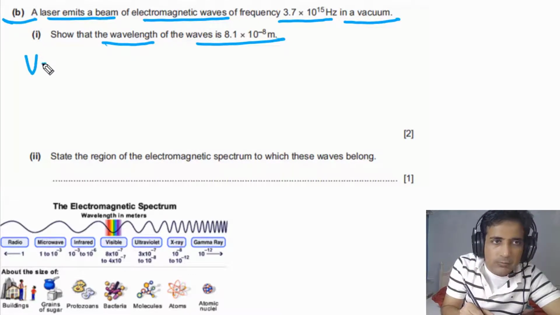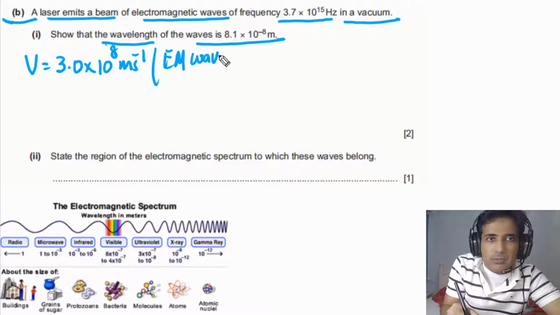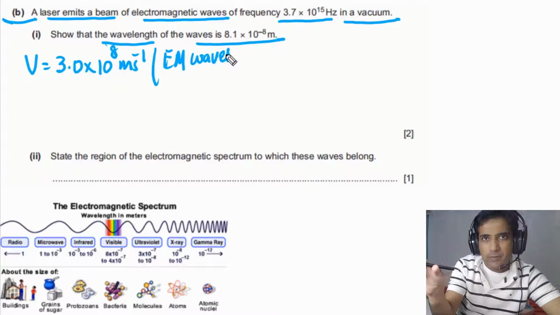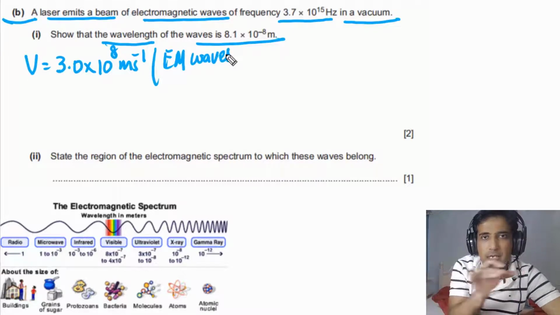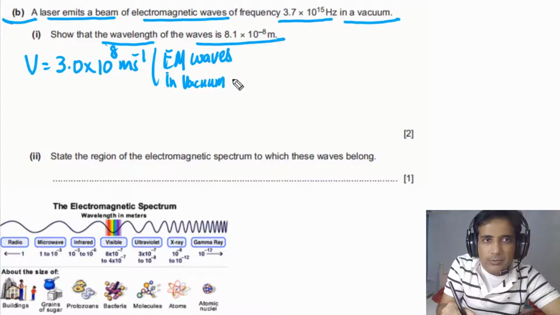So the speed of electromagnetic waves in vacuum and in air is equal to 3.0 times 10 to the 8 meters per second. Speed of all EM waves, from radio to gamma waves, is the same in air and also in vacuum. So this is the main concept you need to understand.